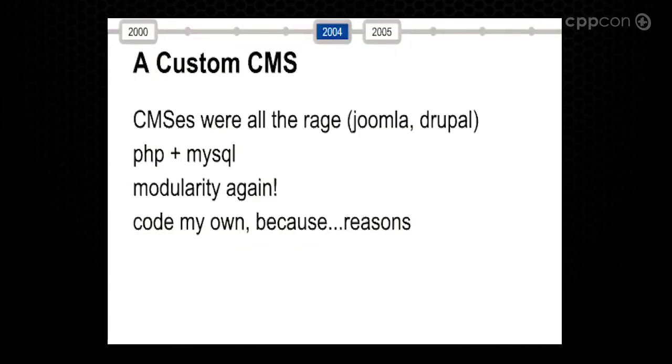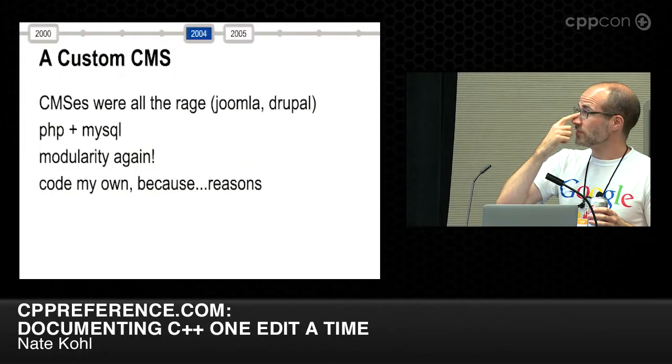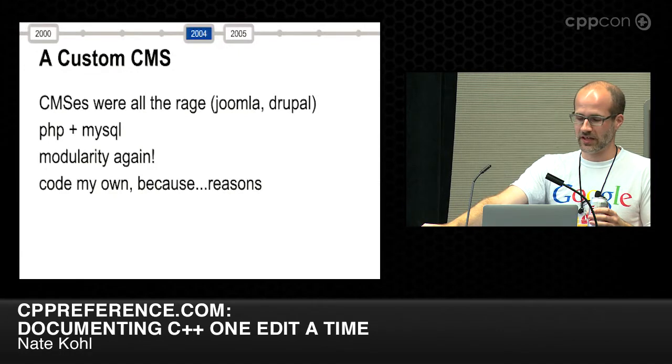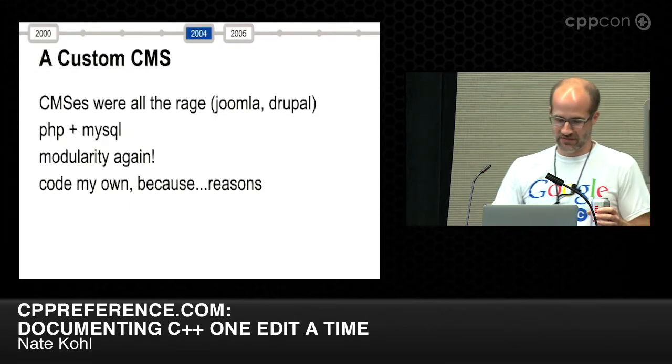So what do you do when HTML has problems? Well, you look around and you see the newest cute technology out there, which in this case was a content management system. So Joomla and Drupal were these systems that were coming alive around then, and everybody liked them. So of course, I decided to make my own because why not, right? This is fun.